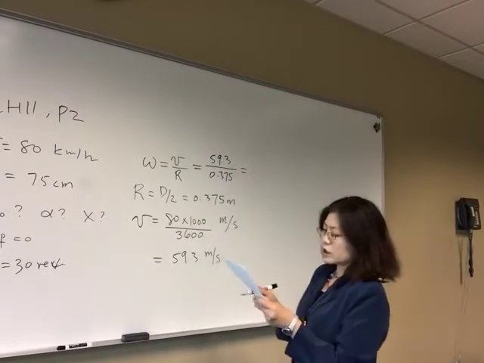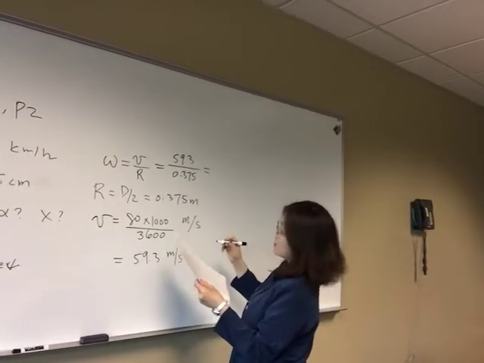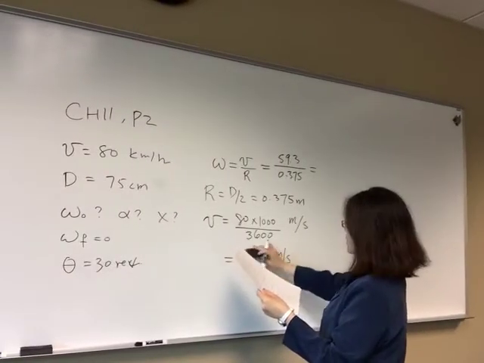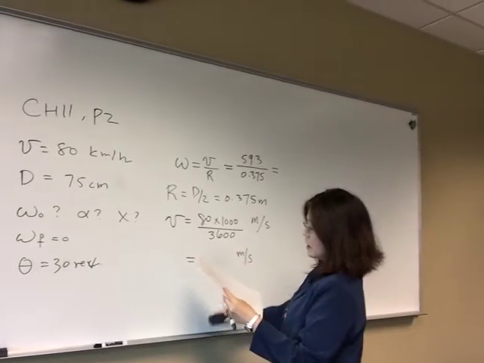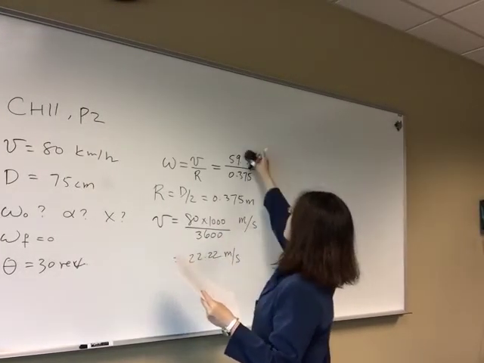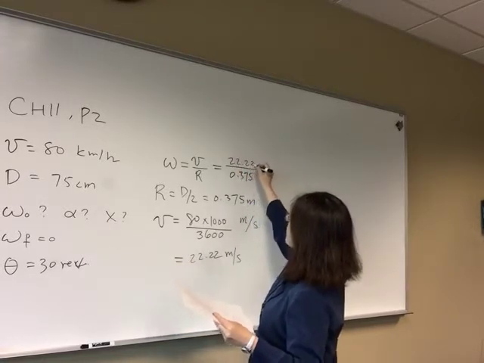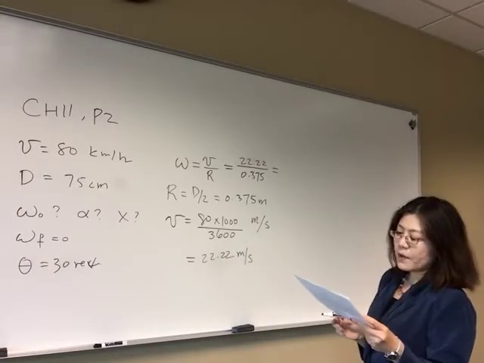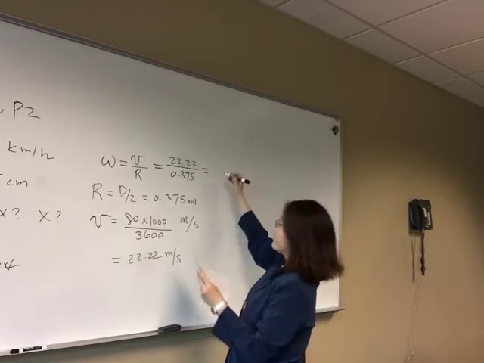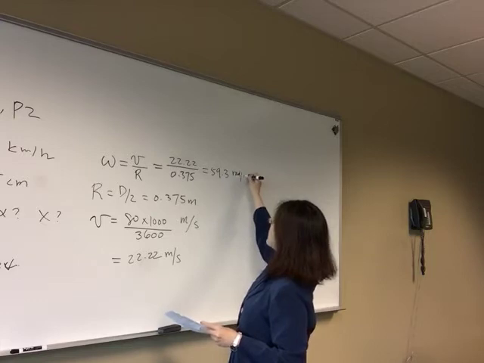So when you do the calculation, your answer should be 59.3, and that's in radians per second.